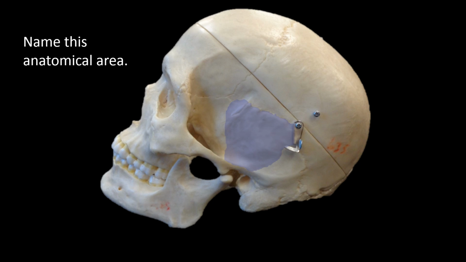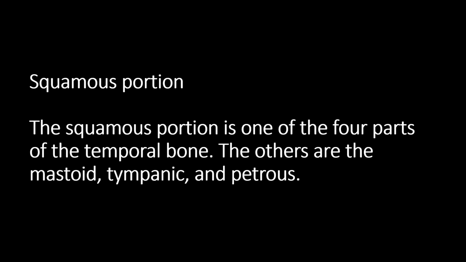Name this anatomical area. Squamous portion. The squamous portion is one of the four parts of the temporal bone. The others are the mastoid, tympanic, and petrous.